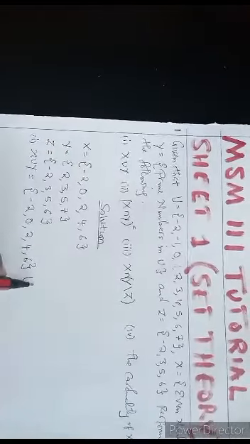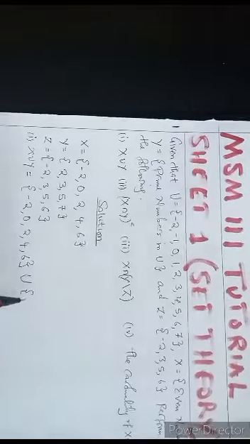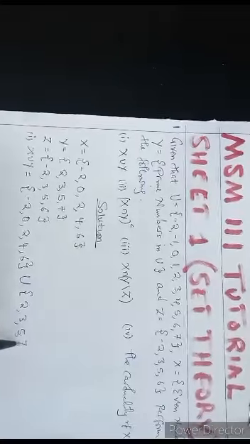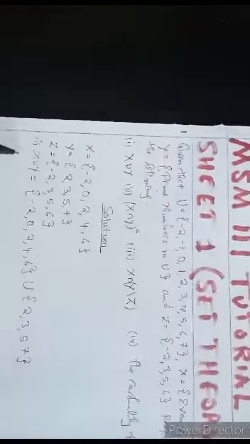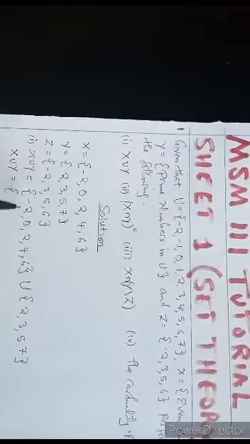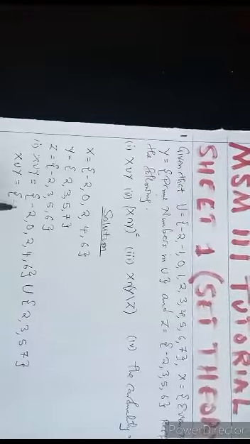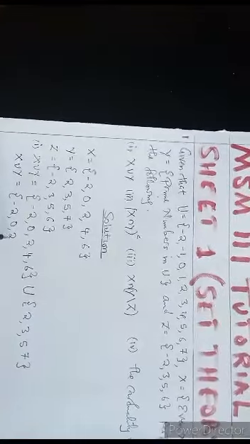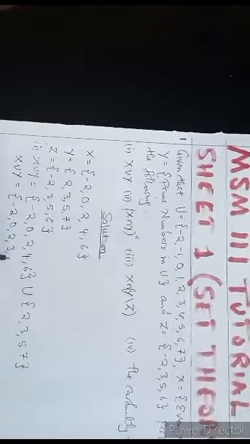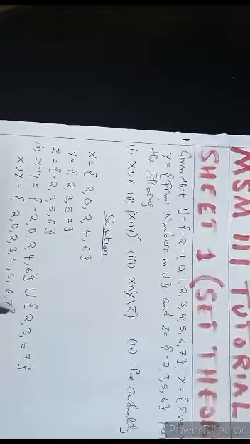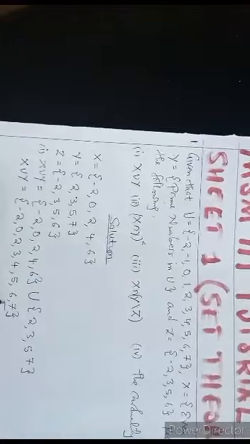Then we unionize it with Y, which is 2, 3, 5, and 7. So X union Y is the combination of the two. So we have -2, 0, 2, 3, 4, 5, 6, and 7. So this is our answer for the first question.